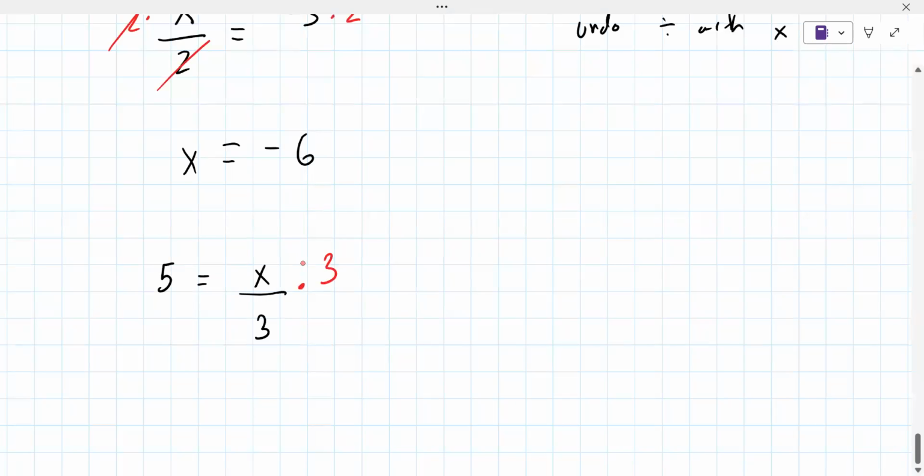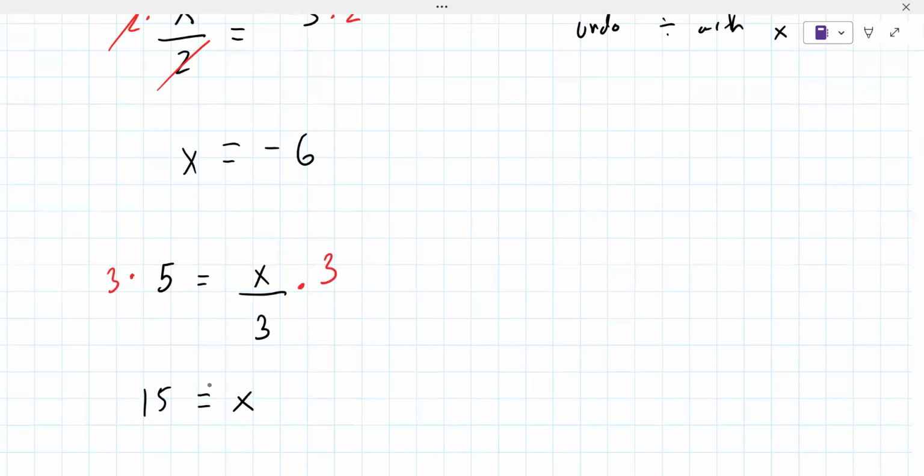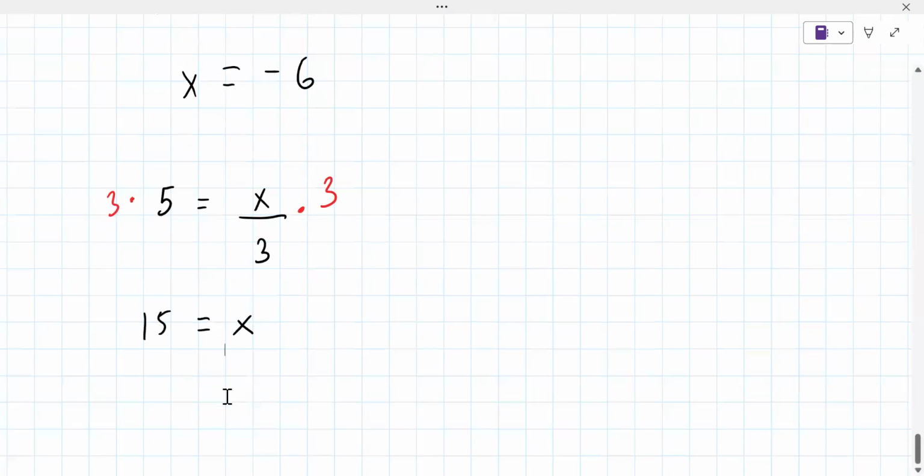Here you multiply both sides by 3. And so the answer is 15 equals x. And you correctly told me all these times to put the variable first. You want to put the variable first. Is that okay? Yes. All right.